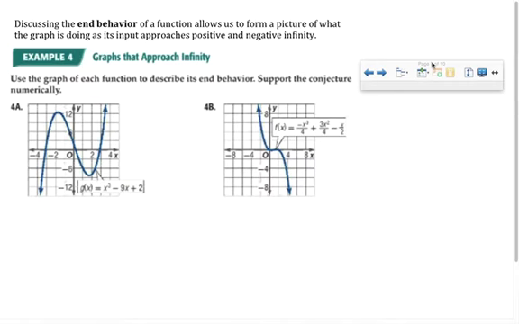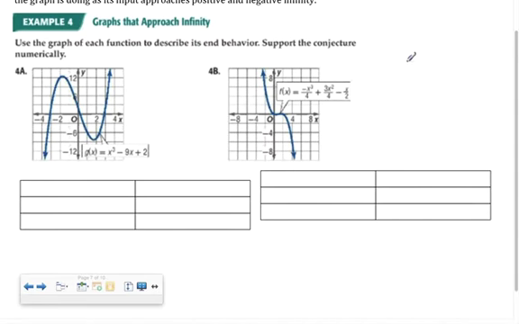And it's asking us to use the function to describe the end behavior. So the way you might want to notate this is maybe with another table. In my table, I'm going to have, as x approaches, f of x approaches.